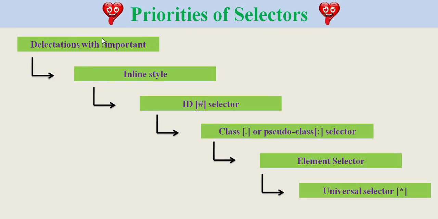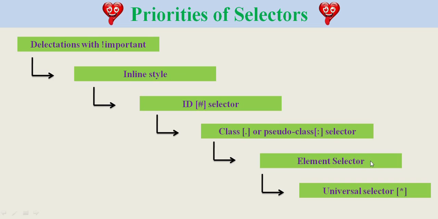If you declare something with the important declaration, using an exclamation mark with the keyword important, with any of these selectors, it takes the first priority. For example, among these three selectors the ID selector takes the first priority, right?